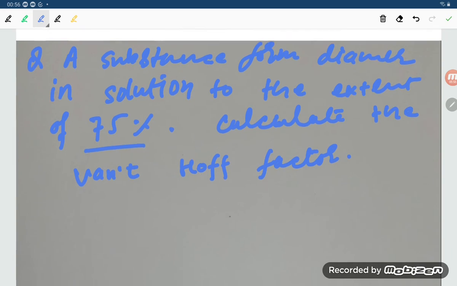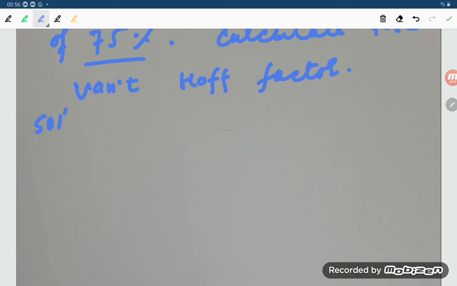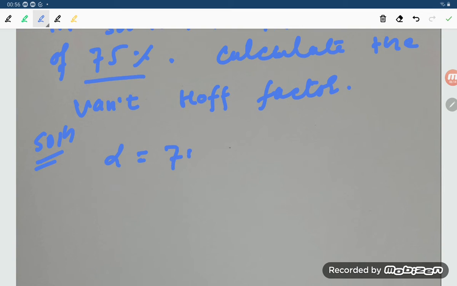Let us solve it. First of all, let us write down the information given. Alpha is 75%, that is 0.75.